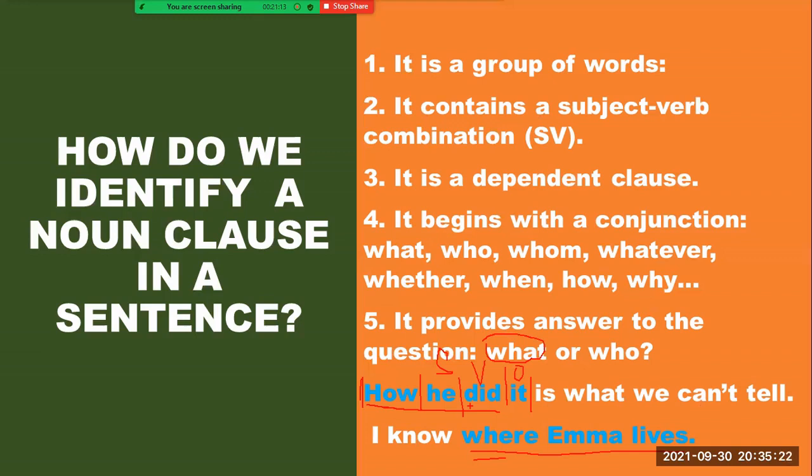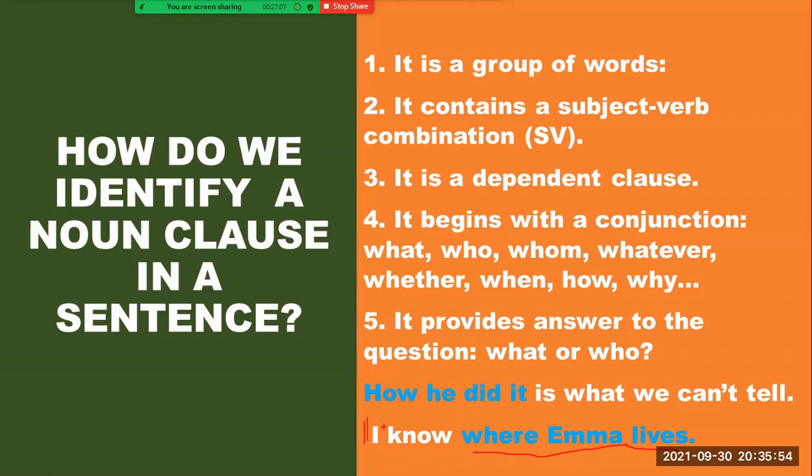The border principle. How do we use the border principle? Let me explain this to you, all right? Now, you can see that we are talking about where Emma lives, and we want to know the grammatical name given to this grammatical structure. We use the border principle, and so we can analyze this.